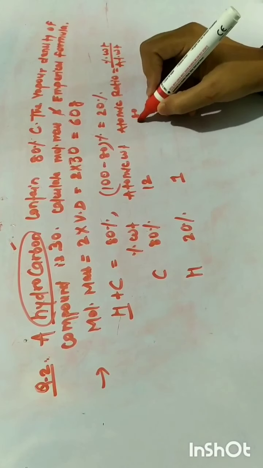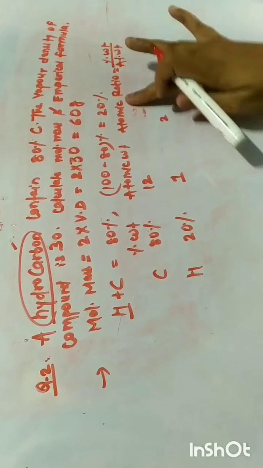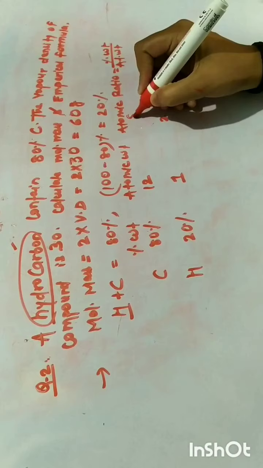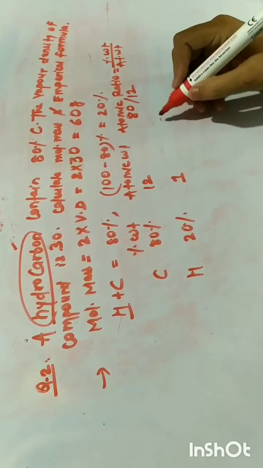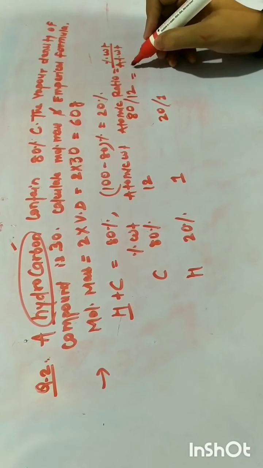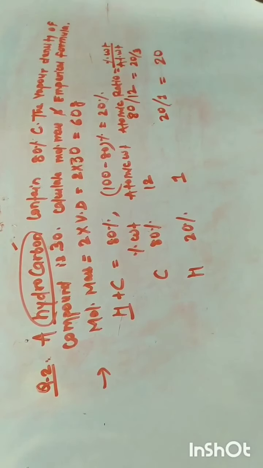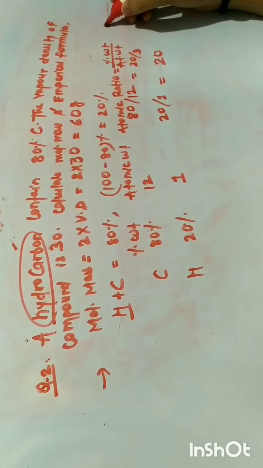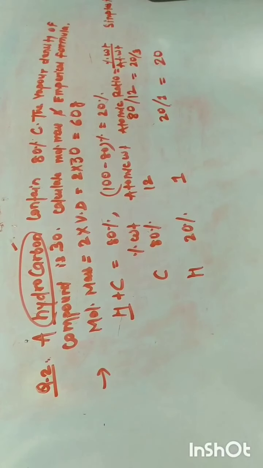So 80 by 12 for carbon and 20 by 1 for hydrogen. So 20 by 3 for carbon and 20 for hydrogen.